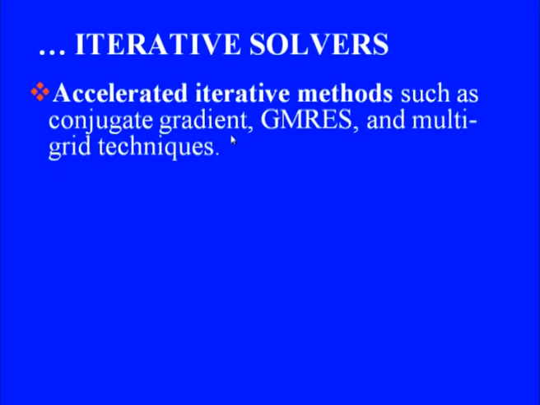Next is our accelerated iterative methods. Why do we call them accelerated? We will get to know when we take up each of these methods. For instance, in the conjugate gradient method and the GMRES method, the corrections are chosen in specific directions to accelerate the convergence of iterations.